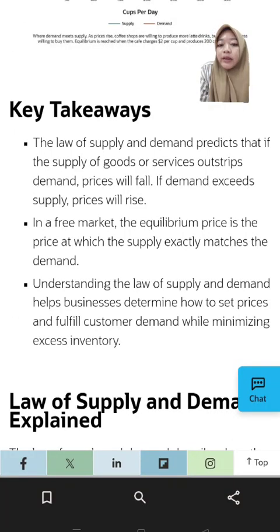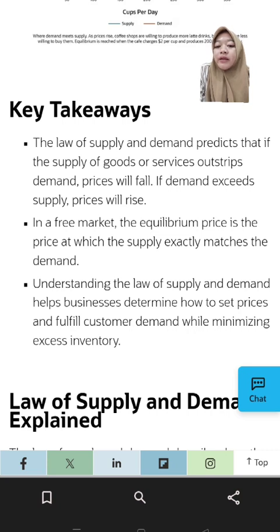Here are the key takeaways. The law of supply and demand predicts that if the supply of goods or services outstrips demand, price will fall. If demand exceeds supply, price will rise.